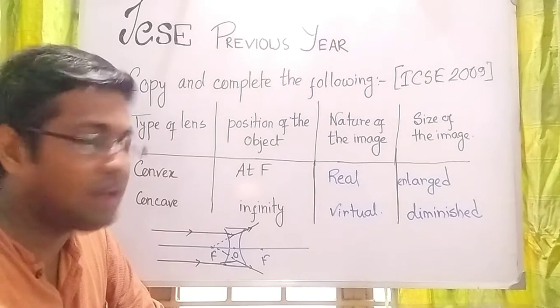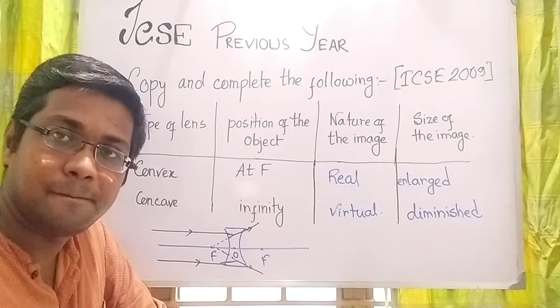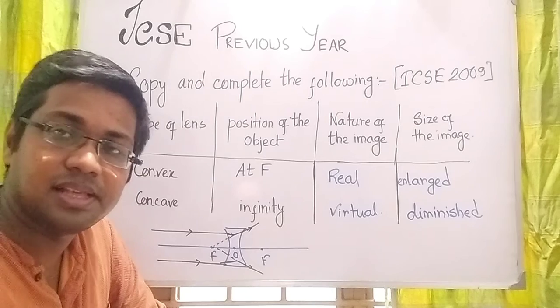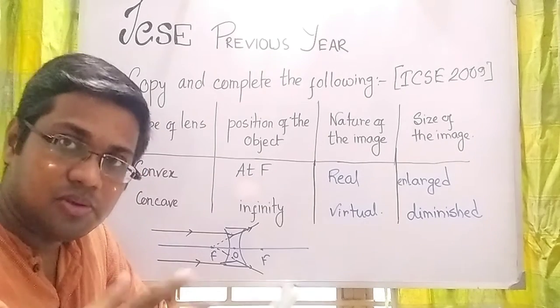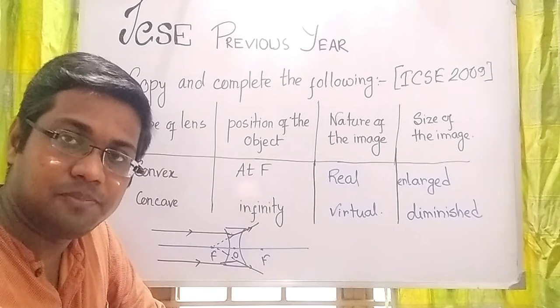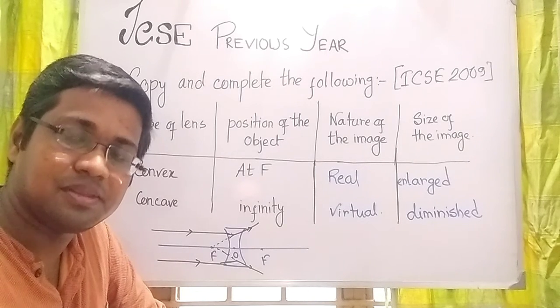So in 2009 they asked a different type of question, not like 2006 and 7. They asked different types of questions. To answer this, you have to have deep rooted concepts. Thank you all of you.